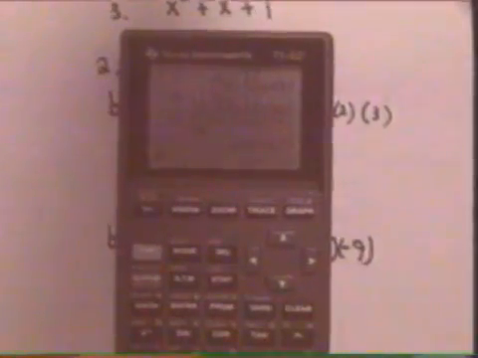We evaluate the discriminant, 13 squared minus 4 times 4 times negative 9, and we get 313.